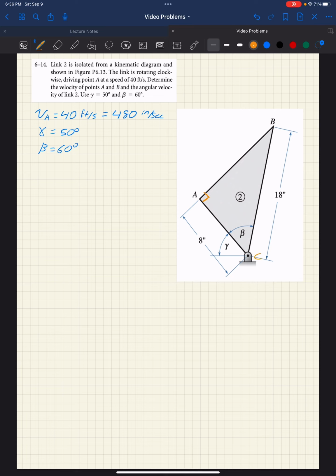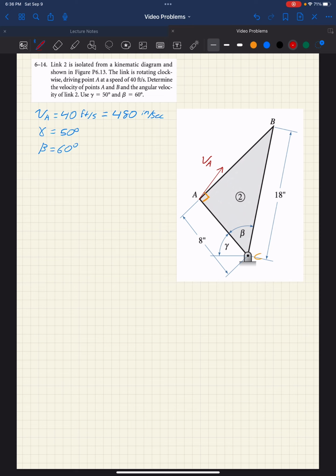We'll call that C, this pin down here connected to the frame. So it's going to be 90 degrees off of AC, so we'll draw it in this orientation. VA, and again, this is given a capital V because it has a direction.